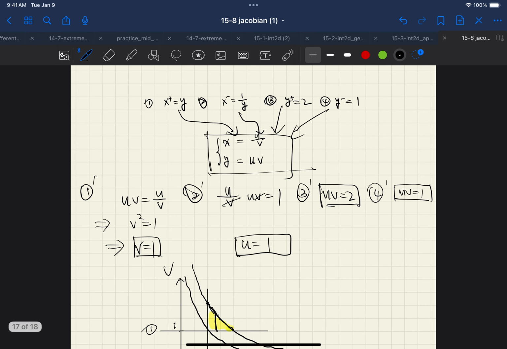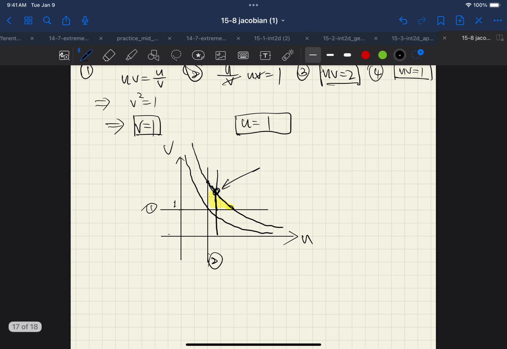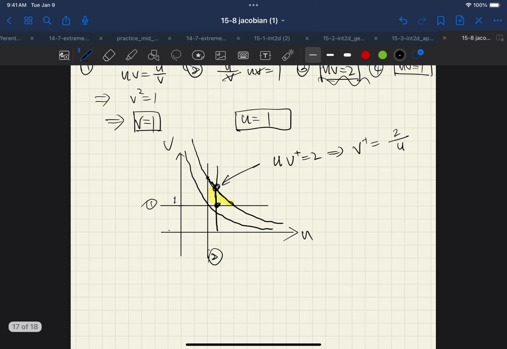From here, every stick, when I look at this vertical stick, this is v plus, right? v plus is living on this curve, uv equals 2. Solve that: v plus equals 2 over u. This is the upper limit. And when you look at this one, it's on curve 1, right?